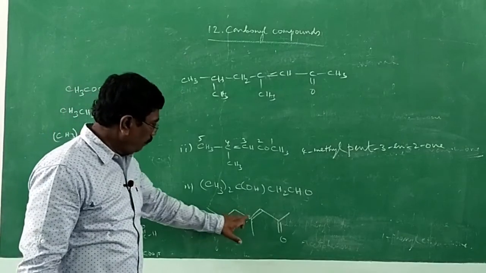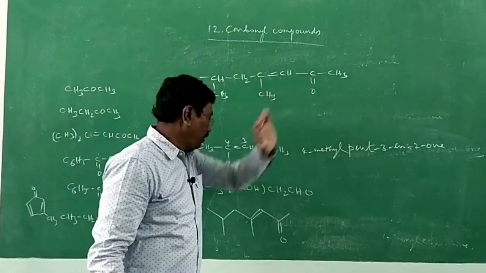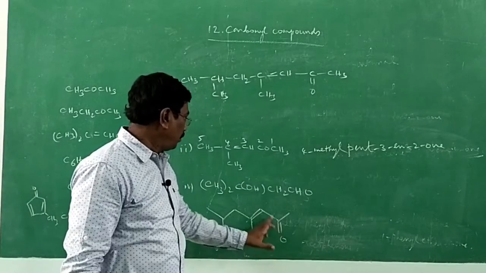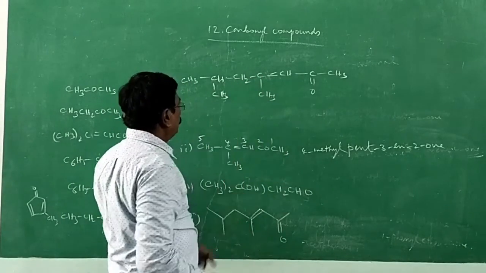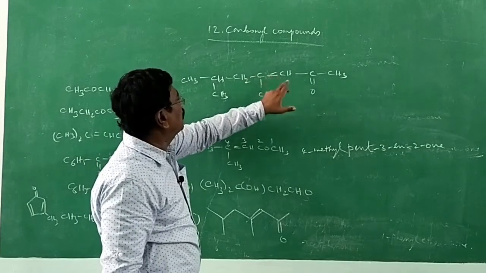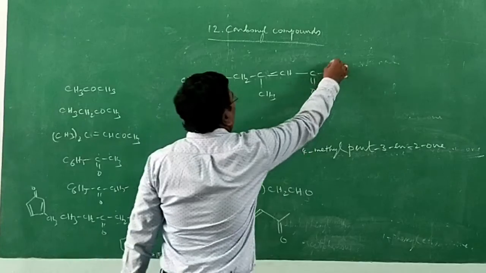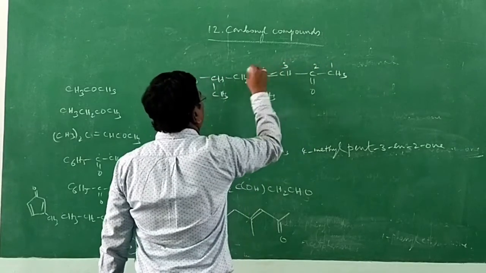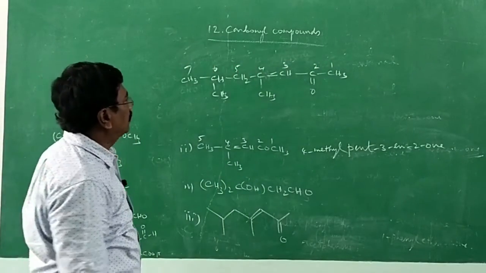1, 2, 3, 4, 5, 6, 7. Double bond over second carbon atom, third, fourth carbon atom, a methyl group. Sixth carbon atom, another methyl group. There is a double bond here. Therefore, valency 1, 2, 3, 4 balanced. Numbering should be from here because the ketone should get priority. What are the substituents?